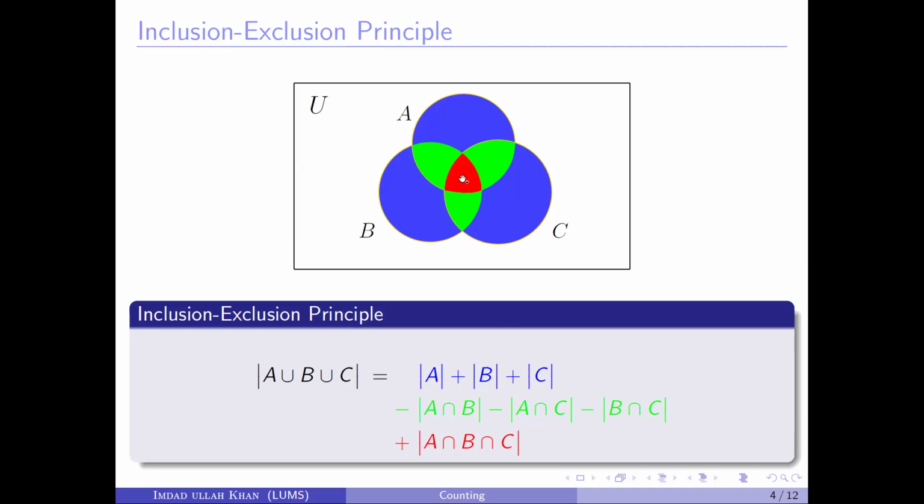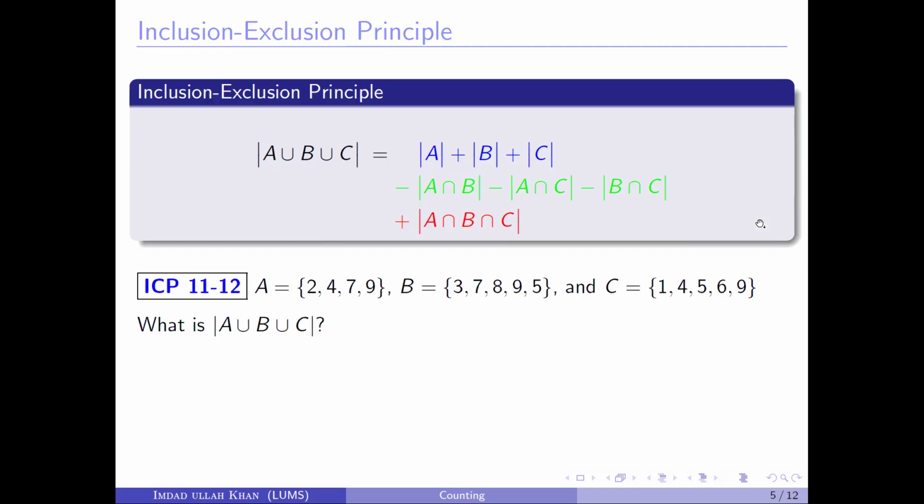But as a result, once we discount all those overlapping parts, we are completely ignoring this red part, which means that the elements which are part of this red part are not being counted in any of those components in counting. So we put it back and we add cardinality of intersection of all those three sets. So the same principle can be generalized to any number of sets.